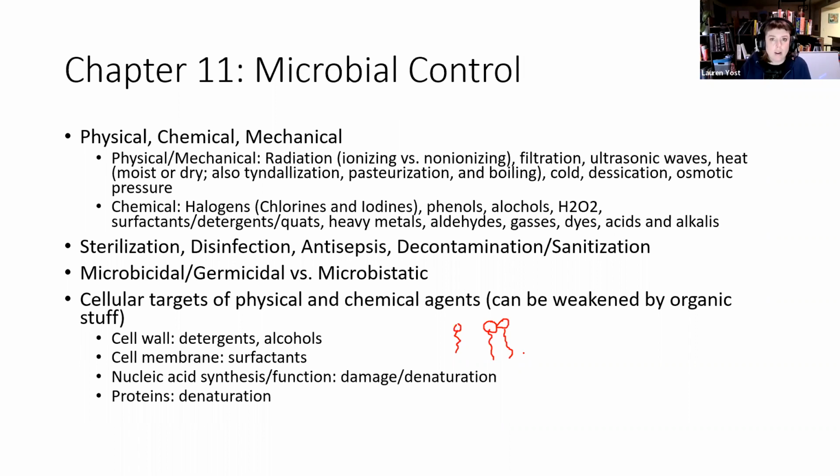In the case of ionizing, we're almost removing actual electrons and atoms and causing severe damage to those molecules. Whereas in UV radiation, we're just causing thymine dimers, right? The molecules bind next to each other instead of across from each other like they're supposed to. And then we can't read the DNA and replicate it correctly. So that's the nucleic acid ones.